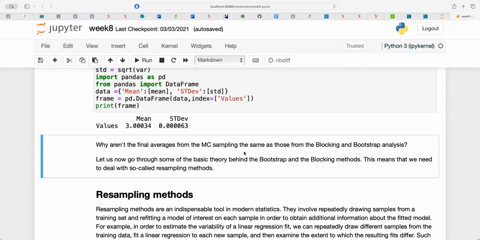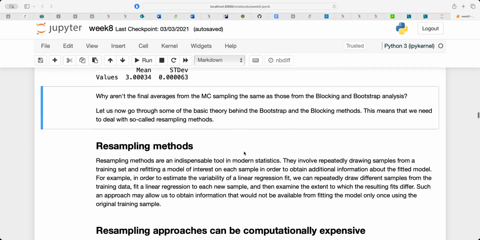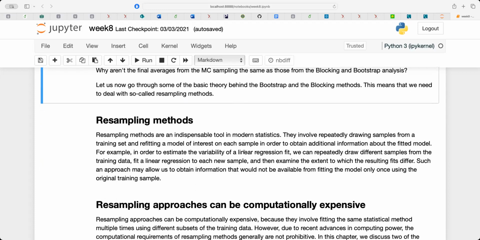Okay, so let's take a look at the statistical analysis and why we are dealing with these resampling techniques. The blocking method is in a certain sense not a resampling technique. Resampling is often used to produce vanilla data again and again. The bootstrap method is one of those.